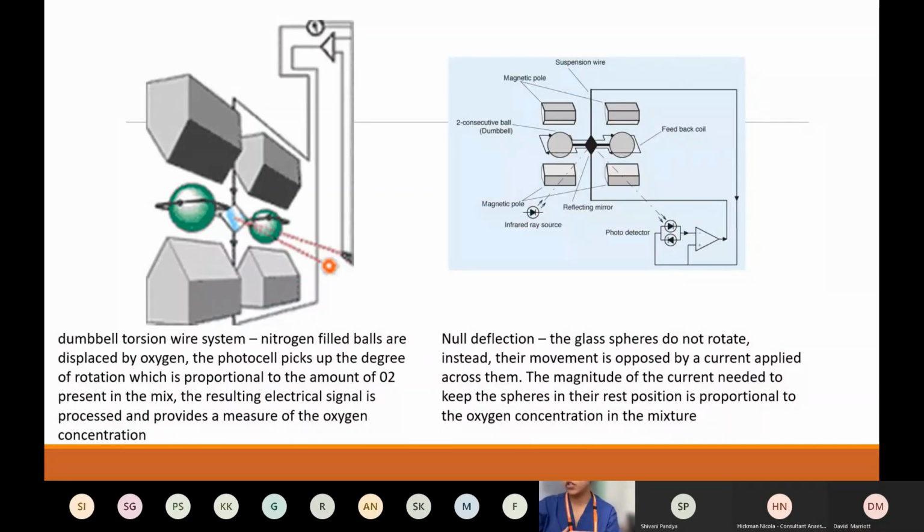Again, oxygen is introduced into that region and is attracted into the magnetic field, and the spheres want to rotate, but the magnitude of the current that's needed to keep the spheres in their resting position is processed, and you get an output telling you that the magnitude of the current is proportional to the oxygen concentration in the mixture. So that's how that works. So next slide.